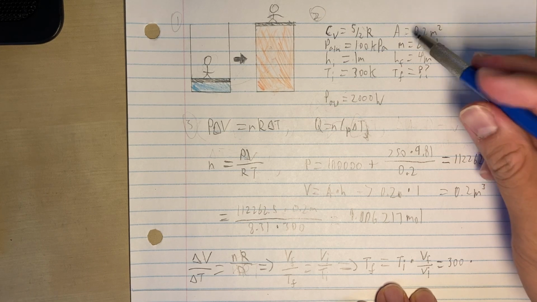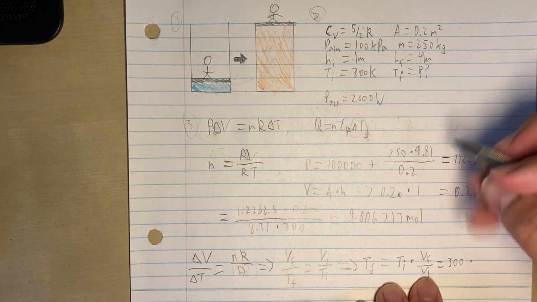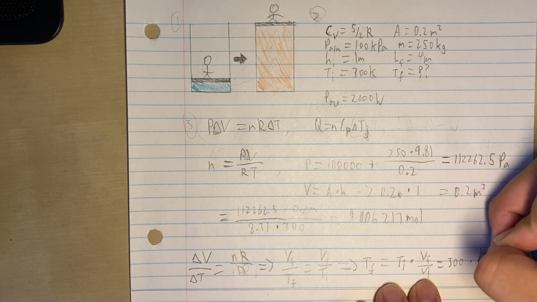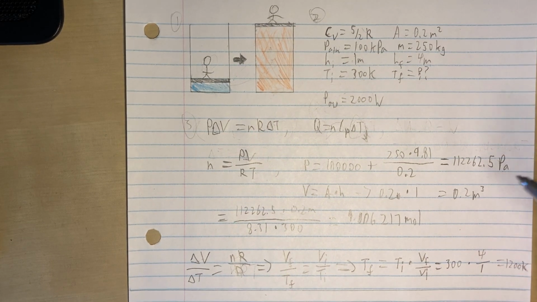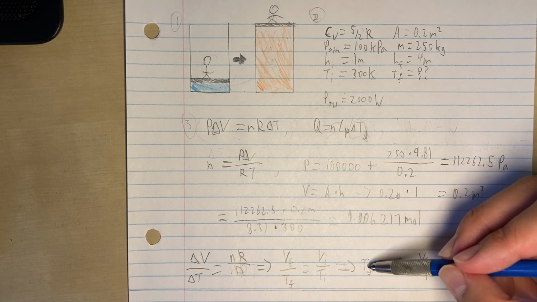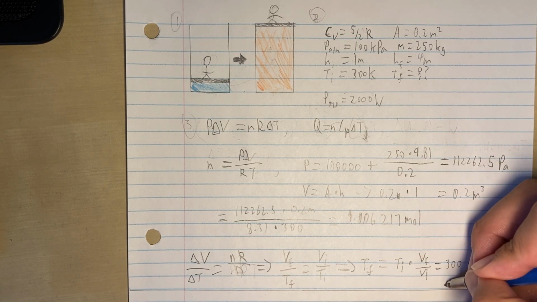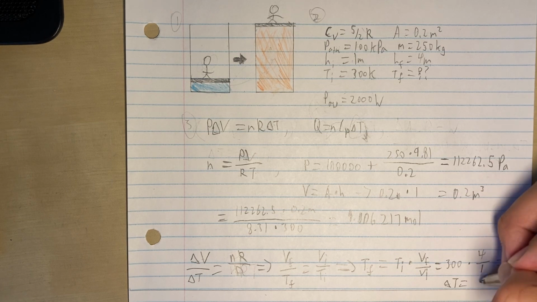Area is the same for both of them, so we can just use the height: 4 meters divided by 1 meter. That's 1200 Kelvin. Remember delta T is the temperature final minus the temperature initial, so delta T is 1,200 minus 300, which is 900 Kelvin.